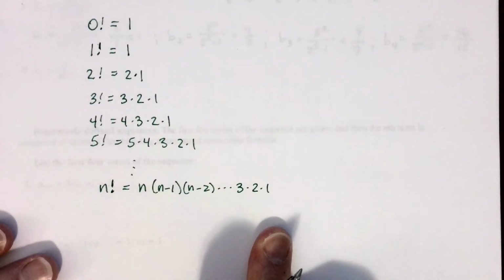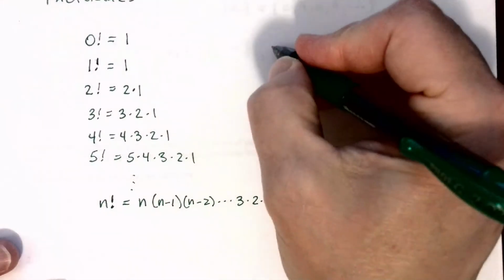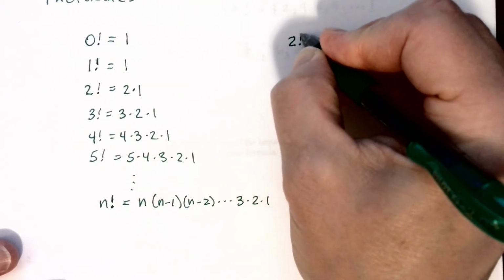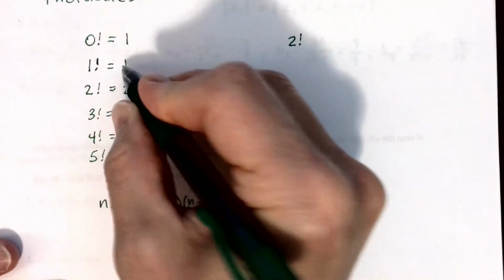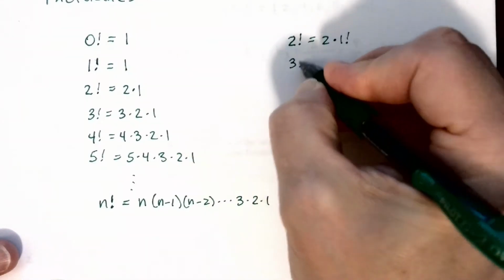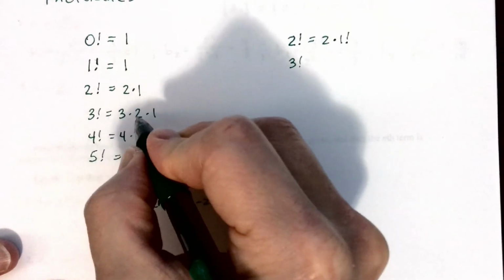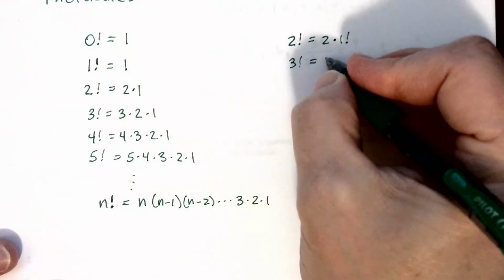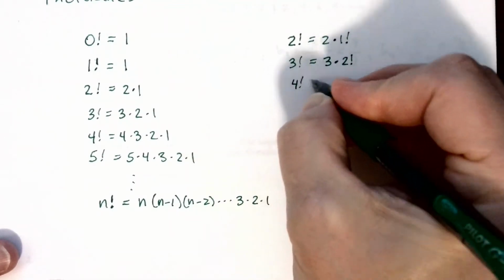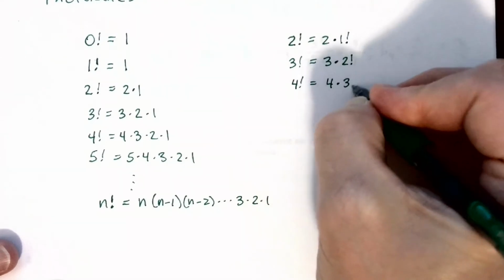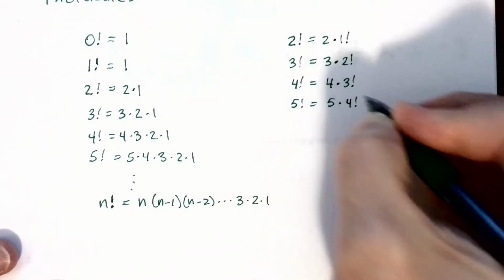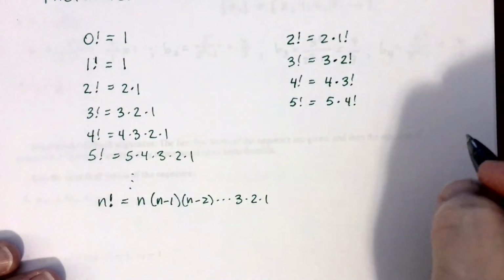Just a couple of observations. One thing I'll have you observe is that 2 factorial is 2 times 1, but 1 is 1 factorial. So this is the same as 2 times 1 factorial. 3 factorial is 3 times 2 times 1, but 2 times 1 is 2 factorial, so this is 3 times 2 factorial. And so on, we see this pattern progress. So that's going to be a helpful feature later on.